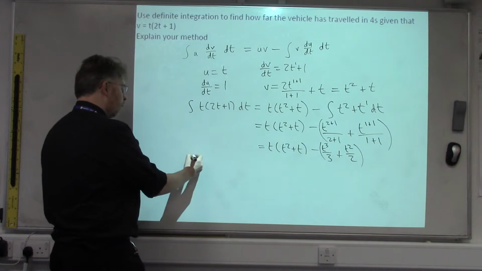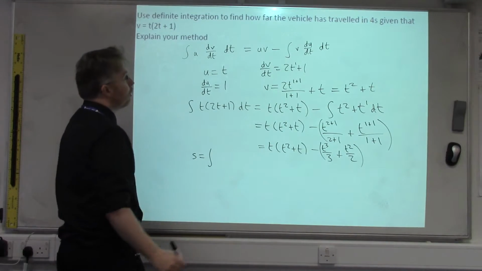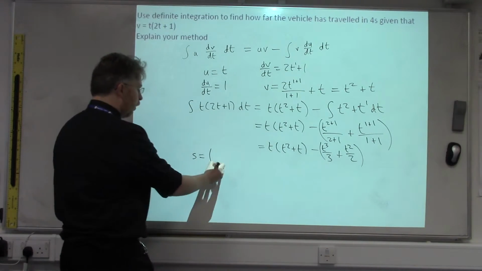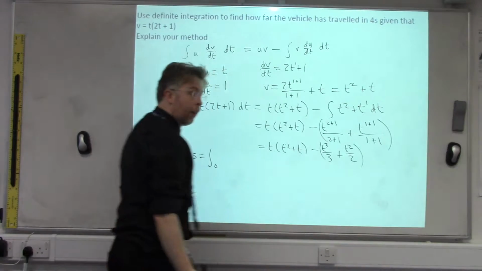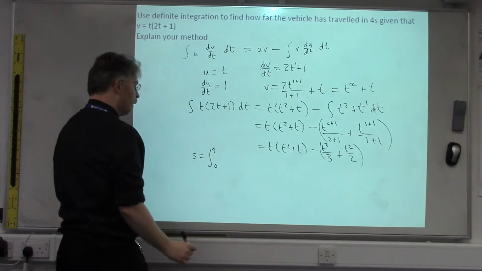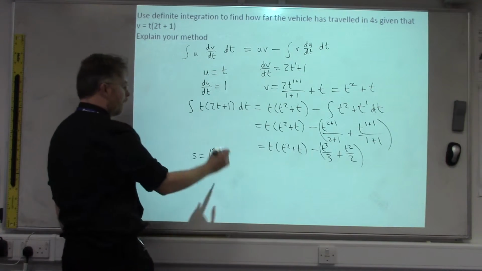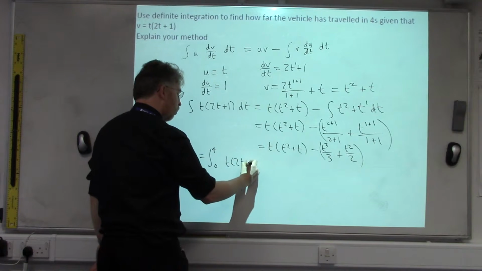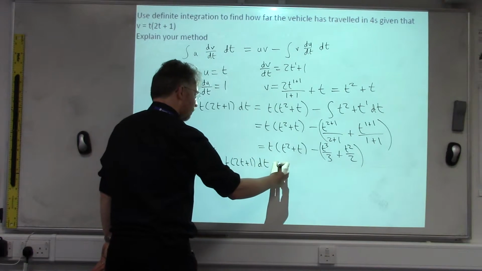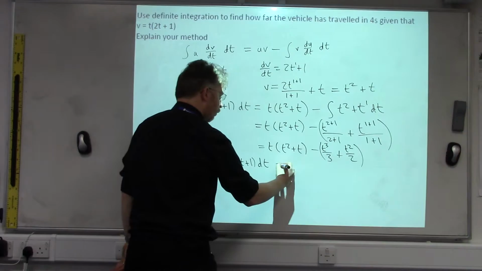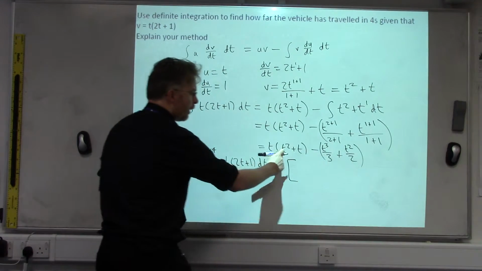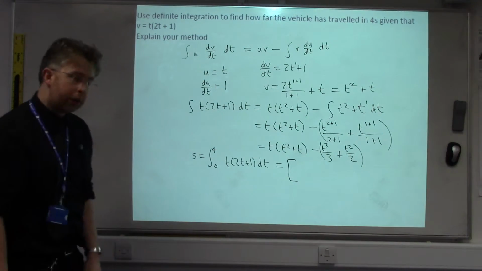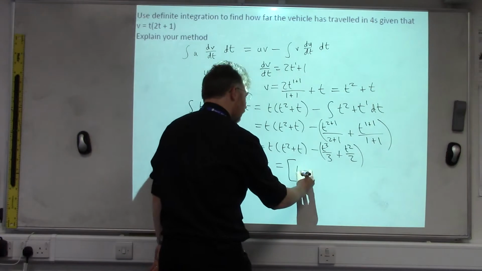So the actual integral we want to get the answer is the integral from 0 to 4, because we're travelling to 4 seconds, of t times (2t plus 1) dt. From our work, this integral here is what goes inside the square brackets.